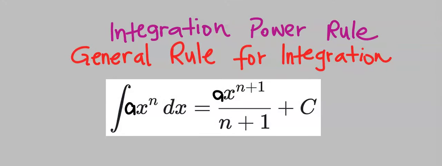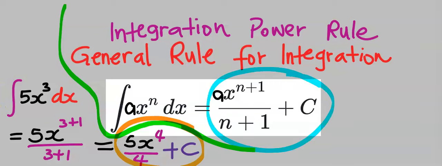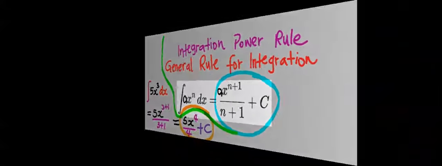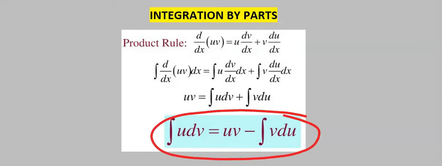Next, this is the general rule for integration. That is, if I'm given this to integrate with respect to x, then our answer is going to be this according to the power rule of integration. Next, this is the formula when dealing with integration by parts.